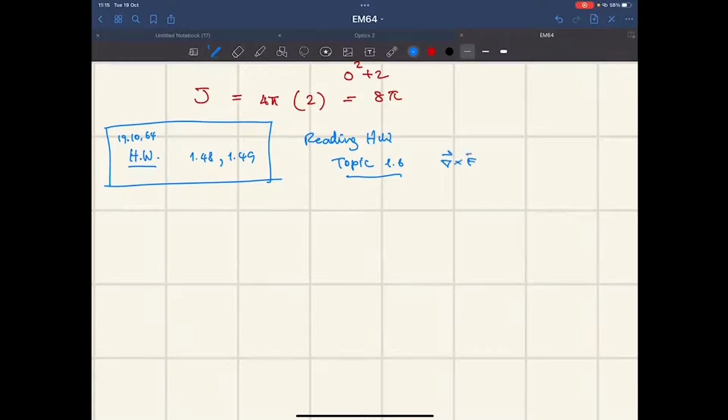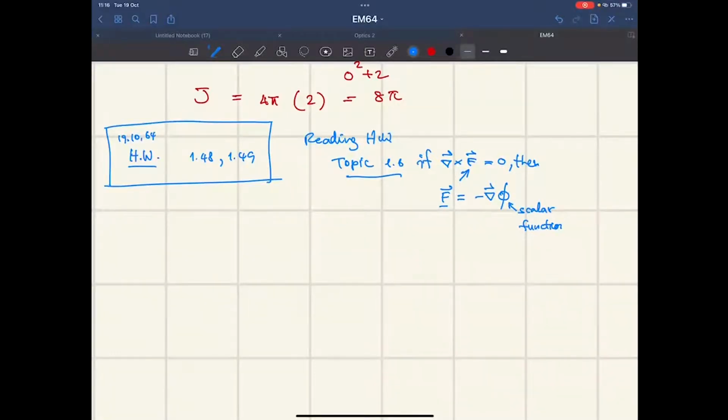One thing that is very important is this: if the curl of a vector field is equal to 0, that vector field F can be written as the gradient of a scalar potential, a scalar function.